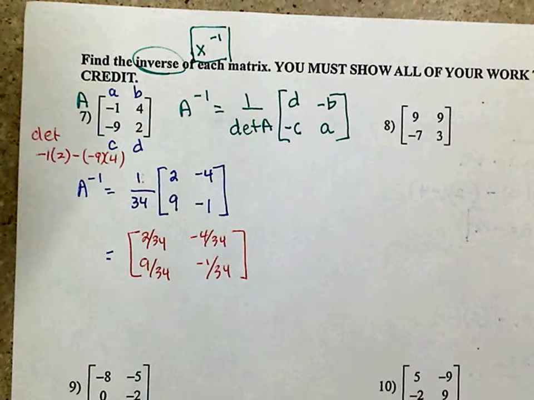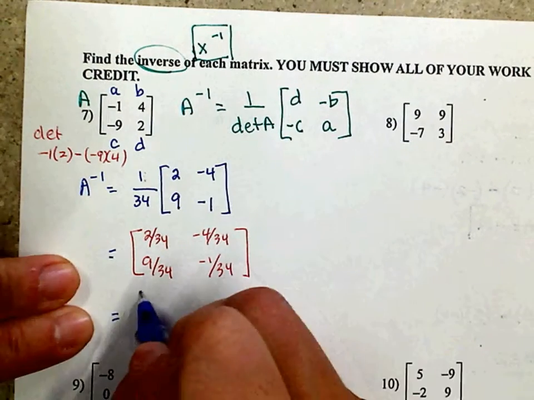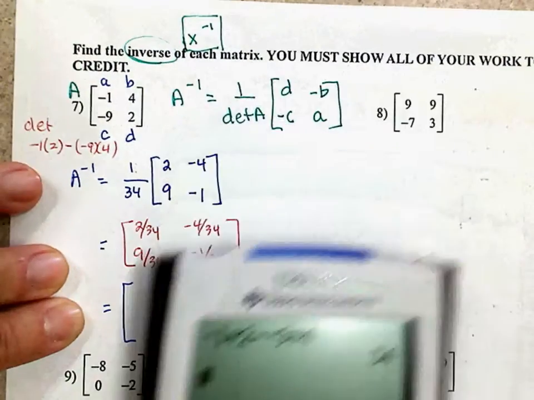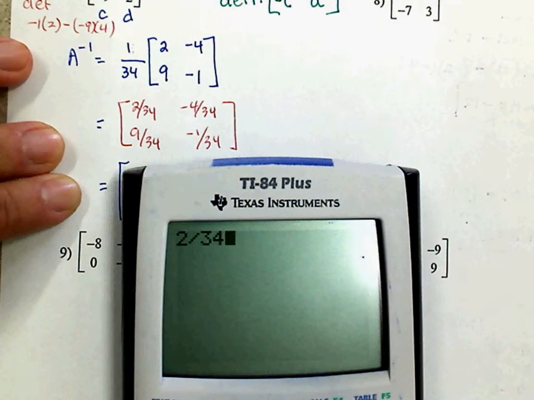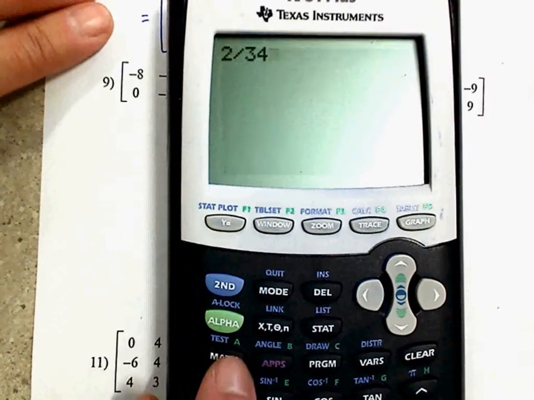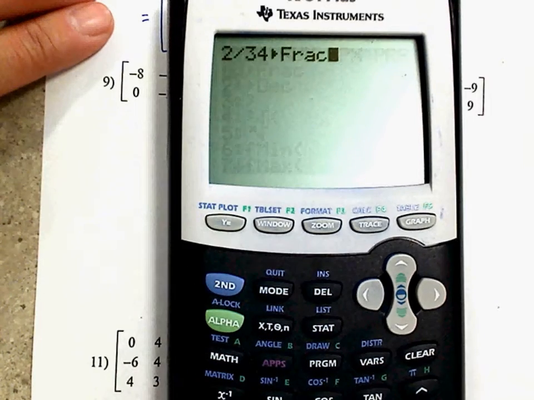Now in mathematics, you don't leave your answers like that, okay? You have to simplify. And if you don't know your fractions well, which is fine, use your calculator to help you. So here we go. 2 divided by 34, math. There's that math button right here. Fraction, enter. So that's 1/17.